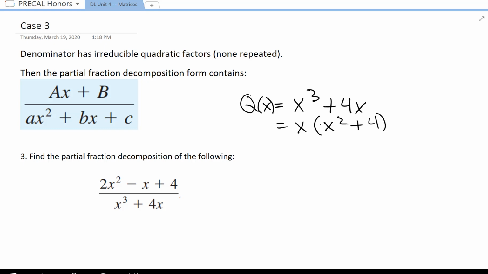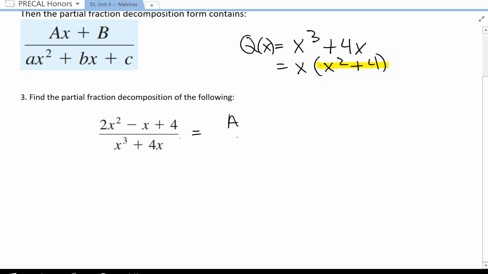Well, x squared plus 4 does not factor unless you use imaginary numbers. So that would be called an irreducible quadratic factor, x squared plus 4. So your partial fraction decomposition will look like this. A over the first factor plus bx plus c over our quadratic factor. Make sure the numerator is linear whenever you have an irreducible quadratic factor in your denominator.